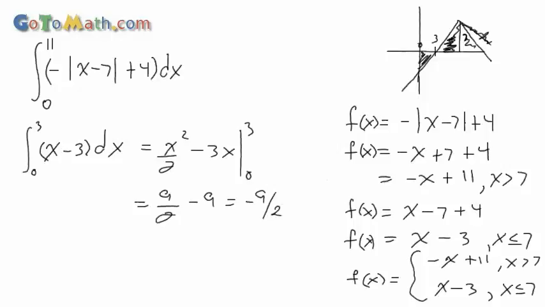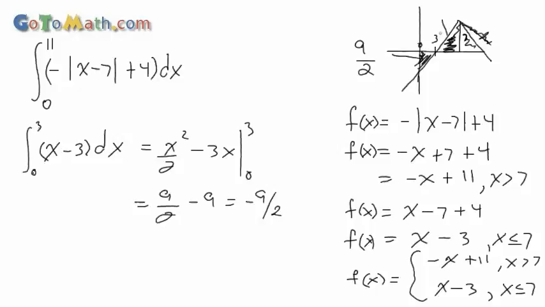But remember, this is area right here, so if we're calculating area, this area must be a positive number, so we just multiply it by negative 1. Now, you can also remember, flip this. You can put the 3 down here and the 0 up here, and that'll cause that to be a positive 9 halves. So keep that in mind. So this area is 9 halves.